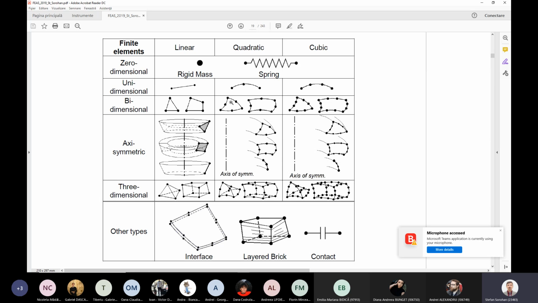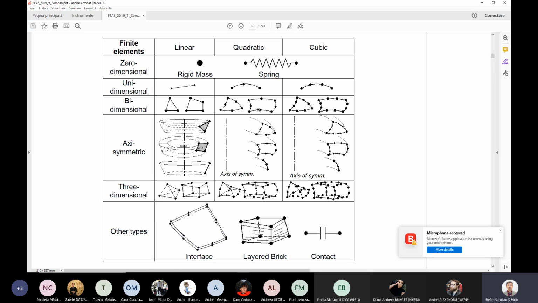And as you can see, we have triangles with more nodes, with 6 nodes, and this kind of triangle may approximate a geometry better, because it may have a curved line here instead of a straight line, because we have more nodes at the mid-side of the edge here.